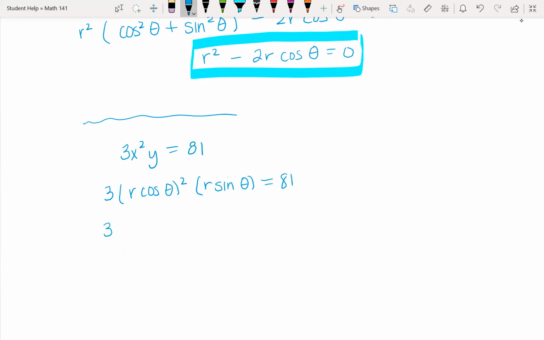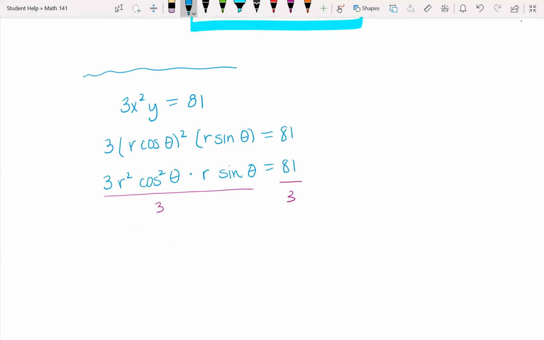So 3 r squared cosine squared theta times r times sine theta equals 81. I'm going to divide both sides by 3 just to simplify this. Combining all the r's together, I have r cubed cosine squared theta sine theta equals 27. And that's my final answer here.